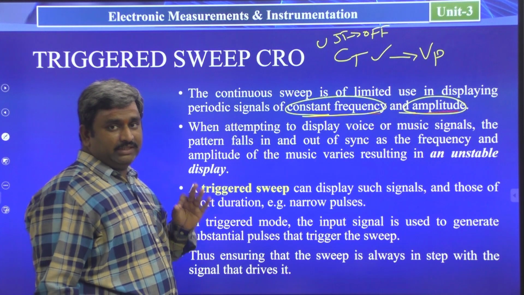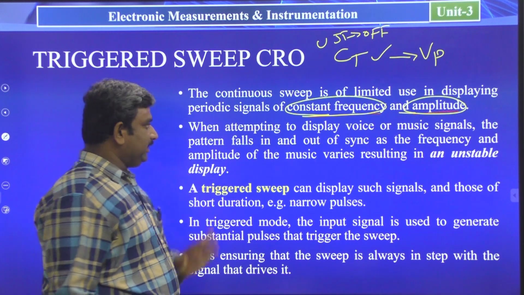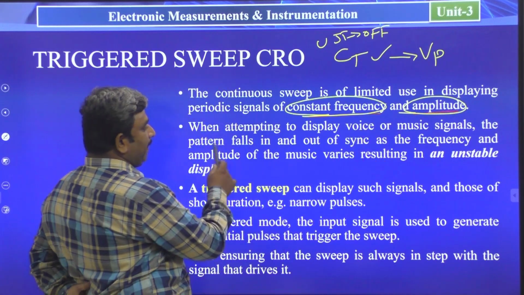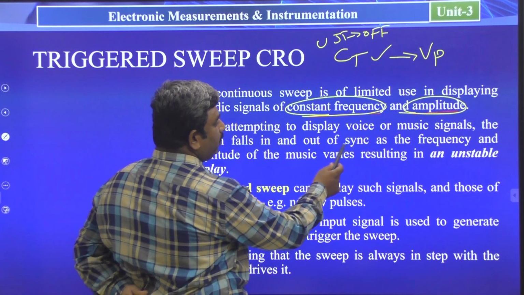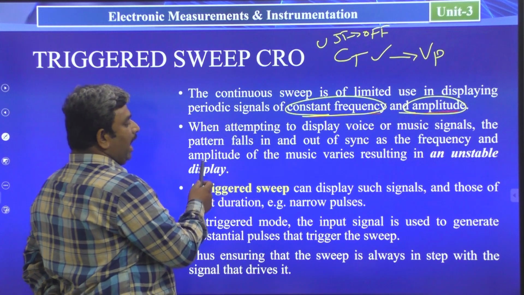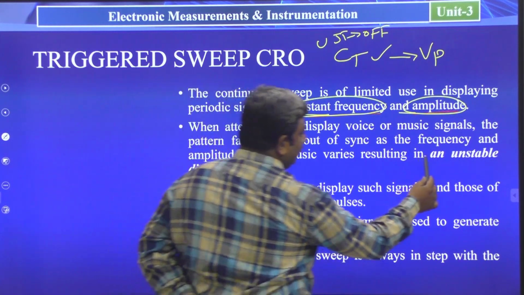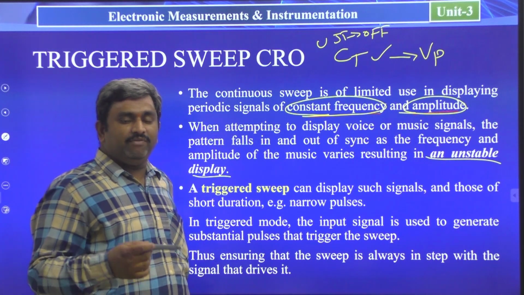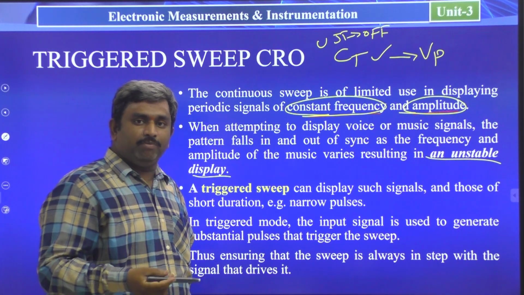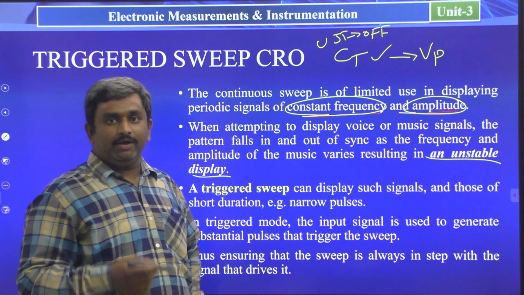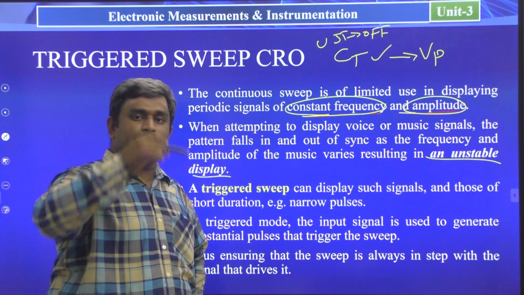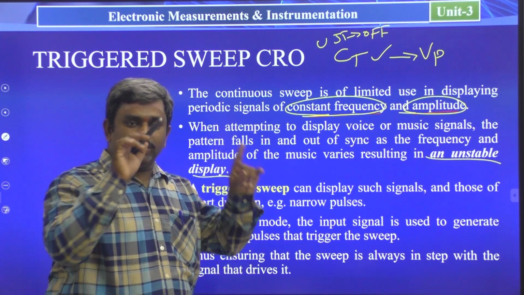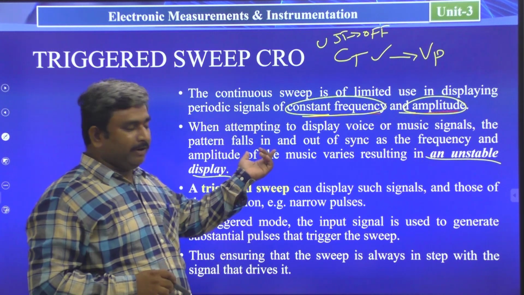So triggering is given by a user. When attempting to display voice or music signals, the pattern falls in and out of sync as the frequency and amplitude of the music varies, resulting in an unstable display. Whenever music is playing or voice is coming, only then is the display going to appear.